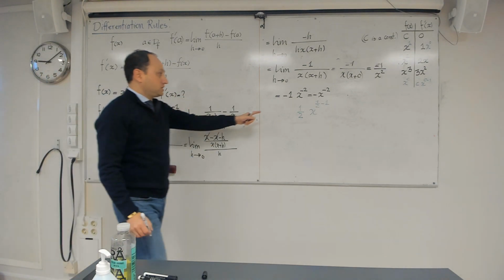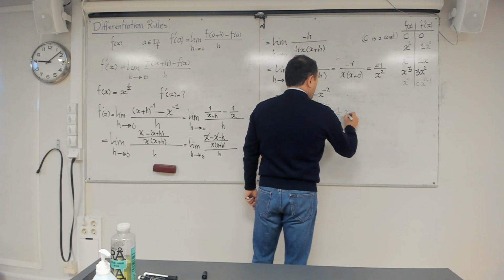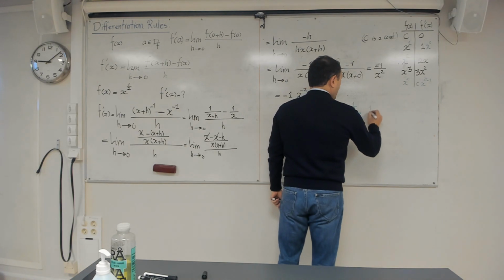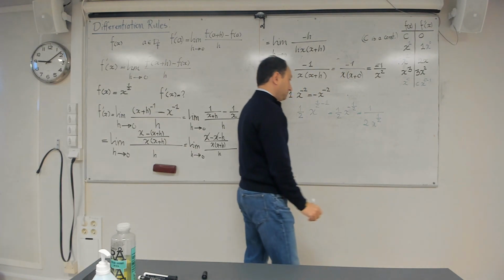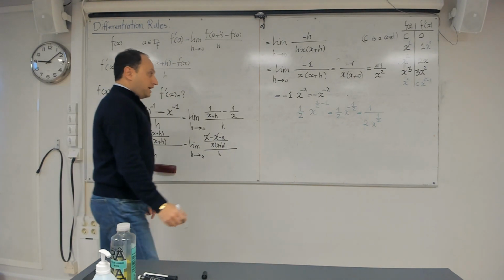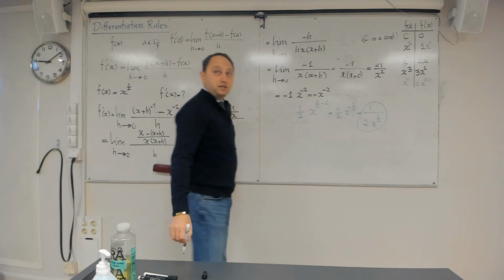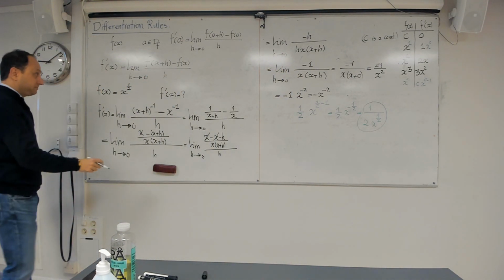But let me simplify this. This becomes 1/2 x to the power minus 1/2. I can simplify this as 1/2 x to the power 1/2. So apparently, if this is going to follow the rule, this should be the derivative of the function. Let us check that.